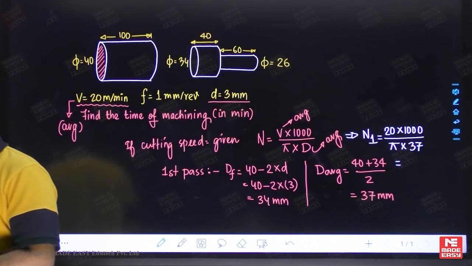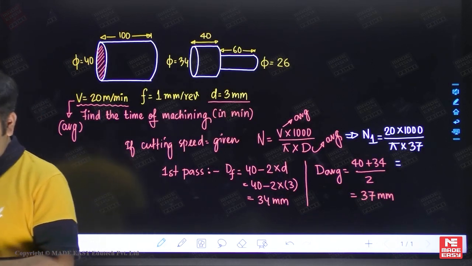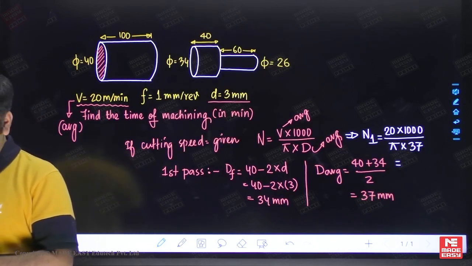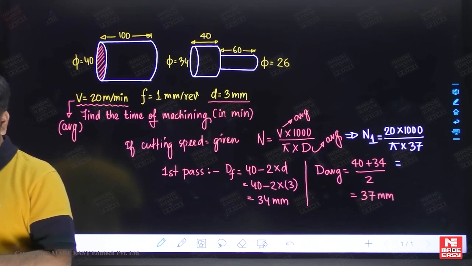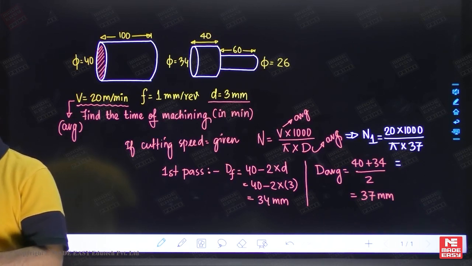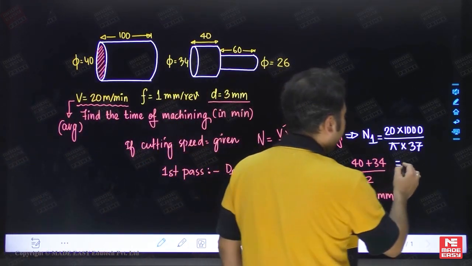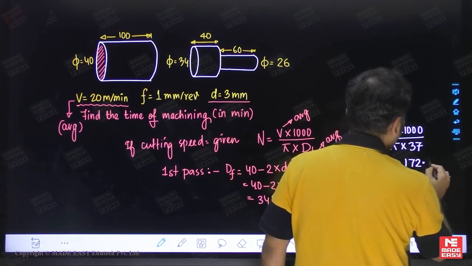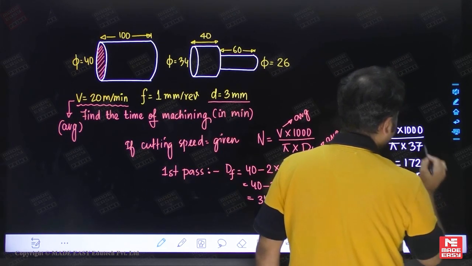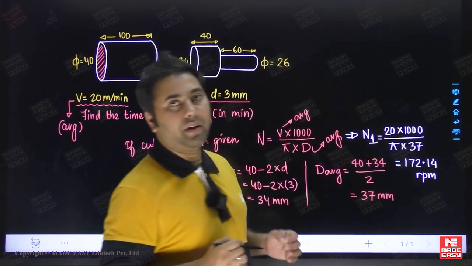The value of N is 20 times 1000 divided by 3.14 divided by 37, which is equal to 172.14 RPM, revolutions per minute.